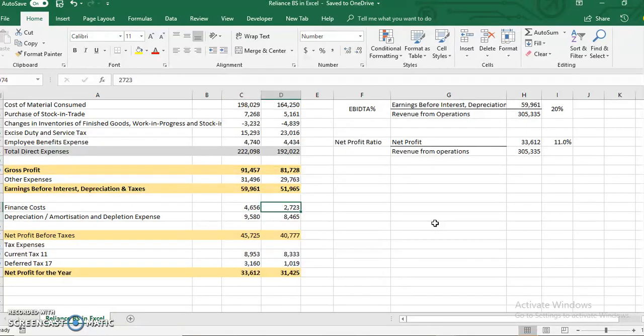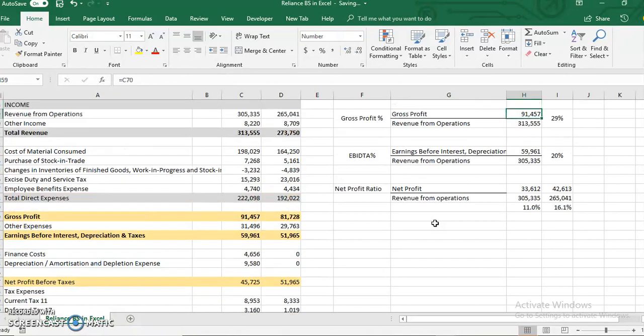For example, let's say there was no debt and no interest in these two conditions. So what would be the ratio? You can calculate it like this. So now it becomes 16%, right?